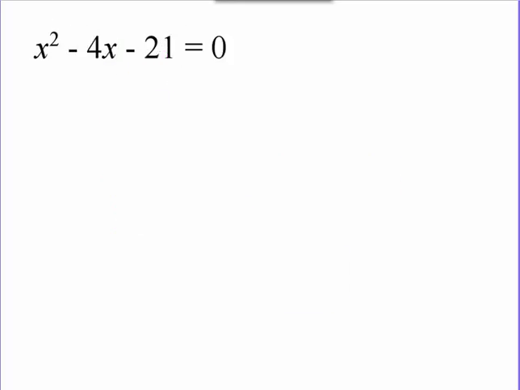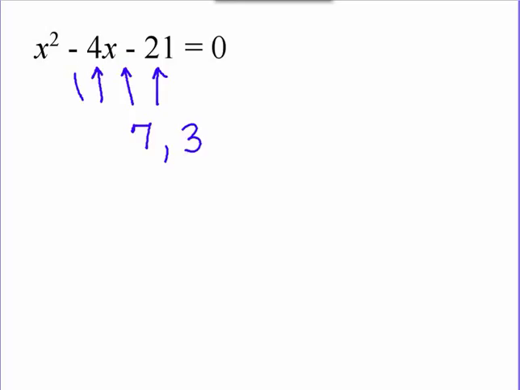Okay, let's look at another one. With that in mind, I want you to try this one. This is a little different because it's got the minus sign. So we're looking for 2 factors of 21 that differ by 4. That's what the minus sign means. 2 factors of 21 that differ by 4 are 7 and 3.